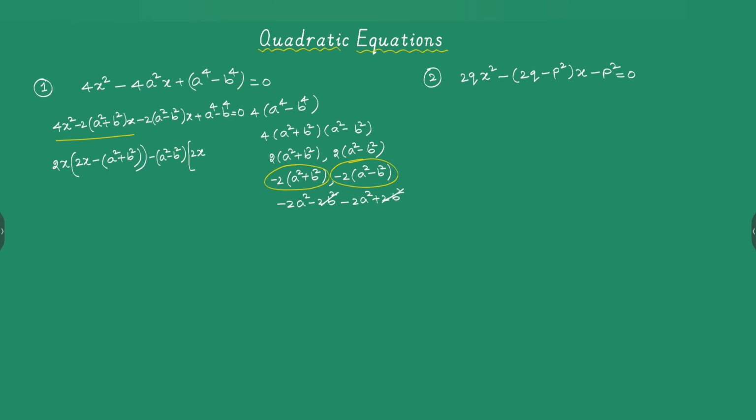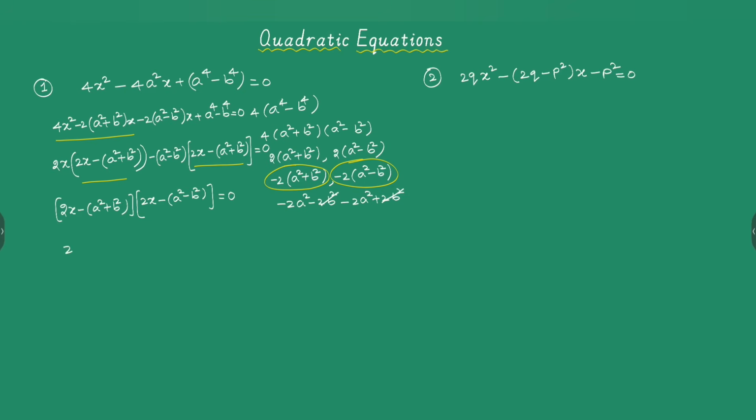From that we have already taken a square minus b square common, so minus of (a square plus b square) will be left inside, is equal to 0. Now again in these two we have 2x minus of (a square plus b square) common. Here also the same. So if we take 2x minus of (a square plus b square) common, then 2x minus of (a square minus b square) will be left, is equal to 0.